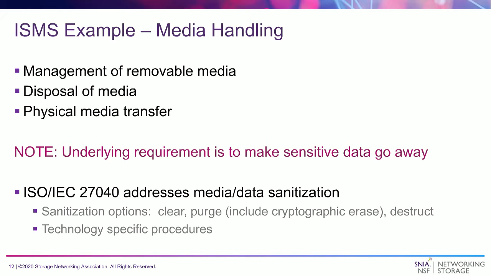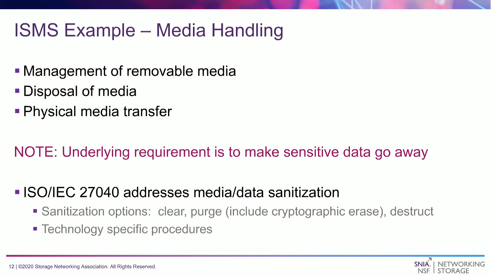And then there are other standards that will pick up. So how do you do that, or to what degree do you have to do that? For example, there's the 27040 standard, which is storage security, which obviously we in SNIA are very interested in. It actually talks about media and data sanitization. So basically how to make data go away.